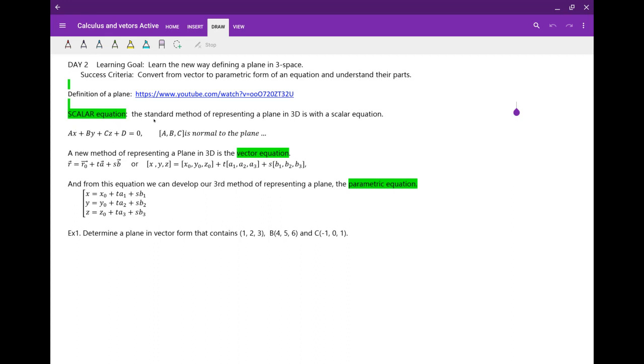Your scalar equation is more of your standard method. It tends to be the most user-friendly, meaning the algebra works out. If you want to work with the planes to figure out how they interact with each other and things like that, your best go-to is this standard scalar equation. It's a scalar because there are no vectors in there. If you just write down something like 4x plus 7y minus 2z plus 1 equals 0, you've successfully defined a plane.